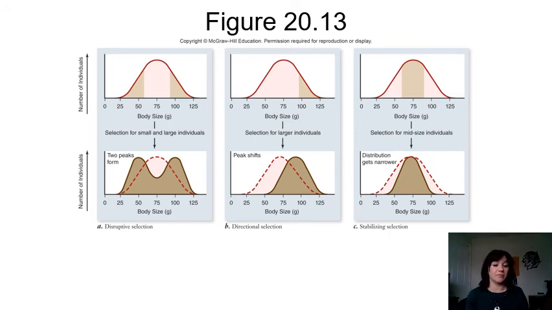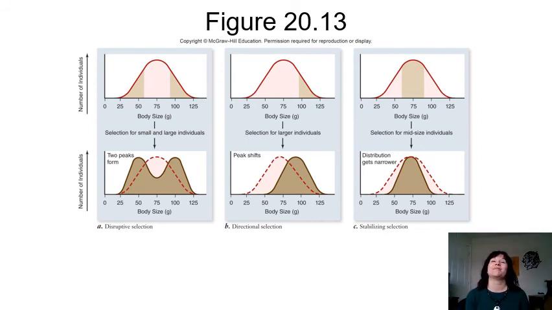Lastly, we have disruptive selection, and we've talked about this before as well, right? So in this case, body size, it's not really great to be average. It's better to be really small or to be really large.